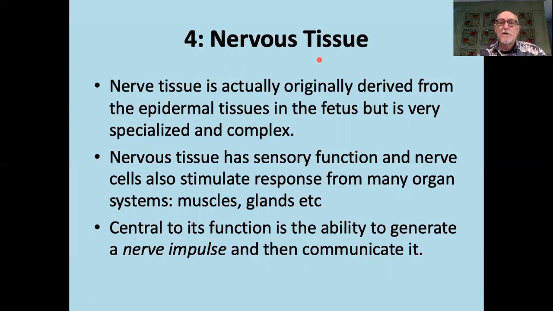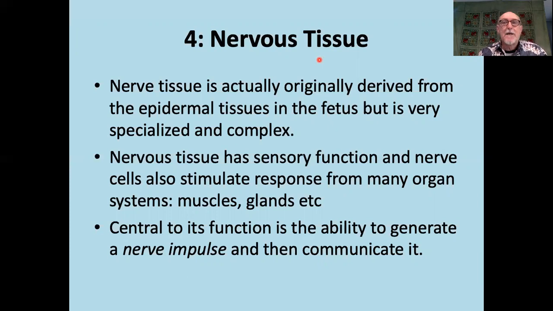They all have sensory function, and central to their function is the ability to respond to and to produce a nerve impulse. And a nerve impulse is essentially a form of electrical communication. It's not really electricity in the way that we use electricity from a battery or anything like that.